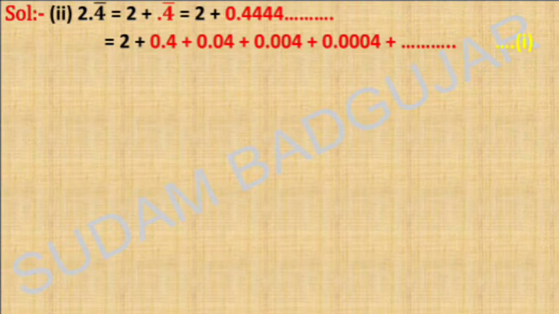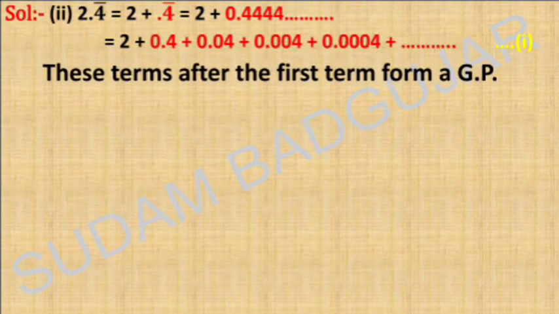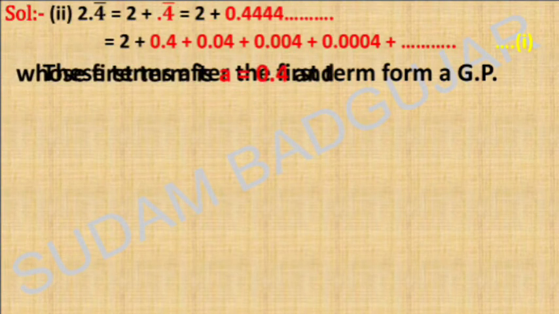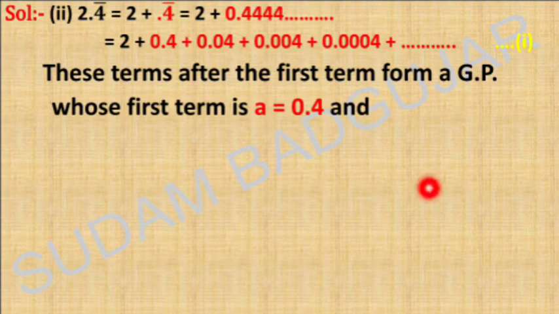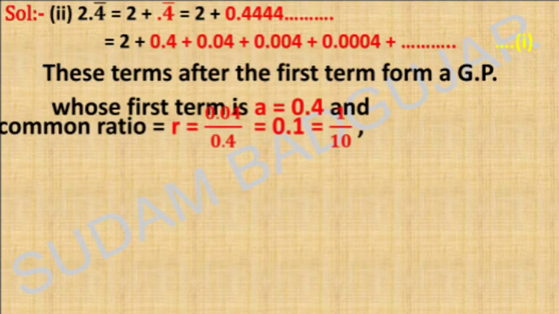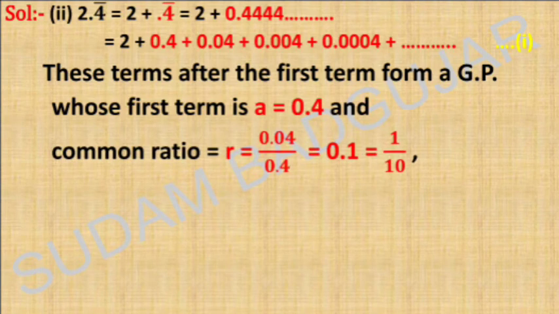These terms after the first term, after 2, form a GP whose first term A is equal to 0.4 and the common ratio R is equal to 0.04 upon 0.4, that is 0.1, which is nothing but 1 upon 10.